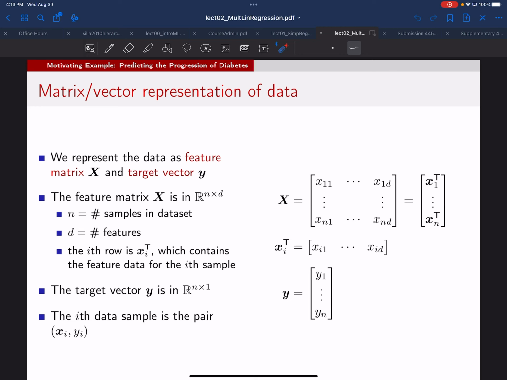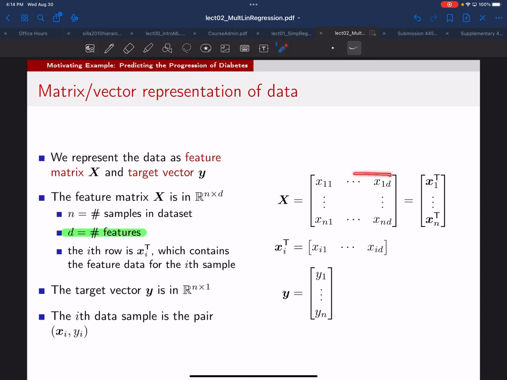But now, different from the last unit, we have multiple features. We have a total of D of them, and we're going to be consistent with D. That's going to be, all throughout the semester, the variable we use for the number of features. So here you can see we have D columns. So this is a matrix that has n rows and D columns. Now, it often is helpful to come up with a name for each row.